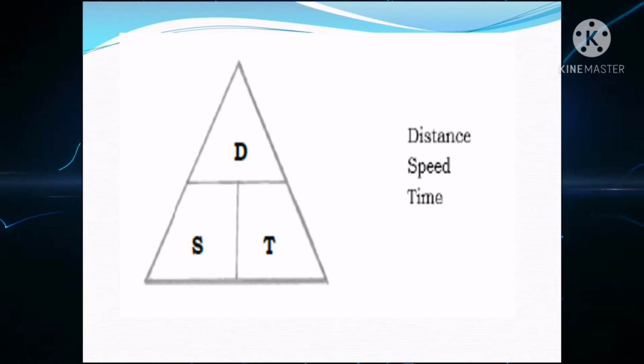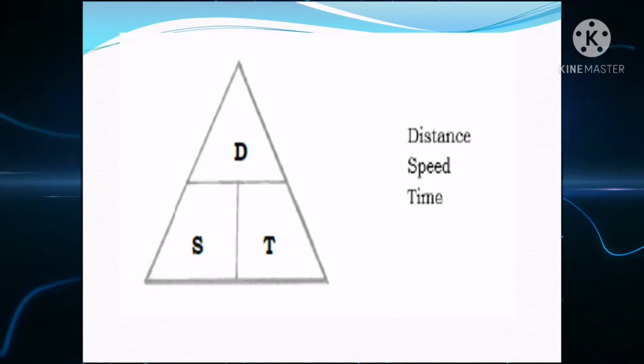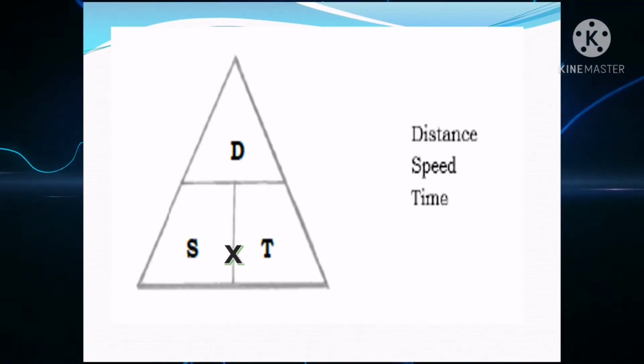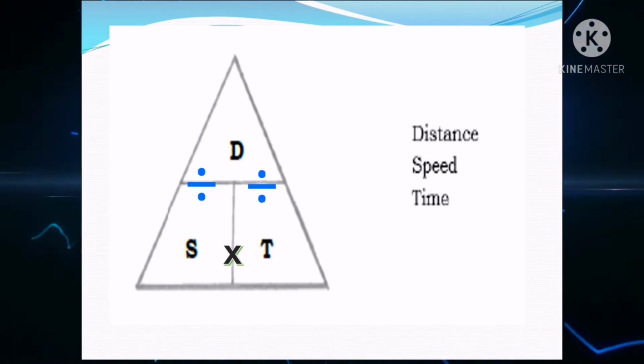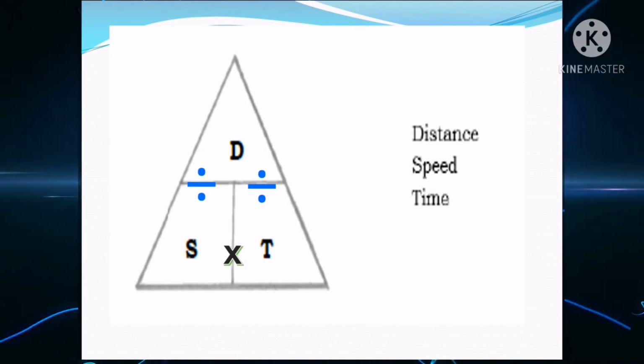When two variables in this triangle are next to each other, it means that we have to perform multiplication as their operation. But when one variable is over the other variable, it means that we have to find their quotient, or we have to divide them.